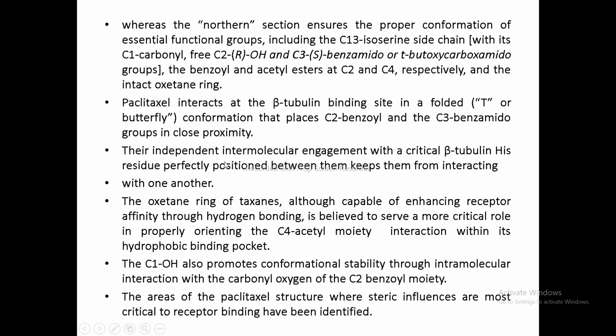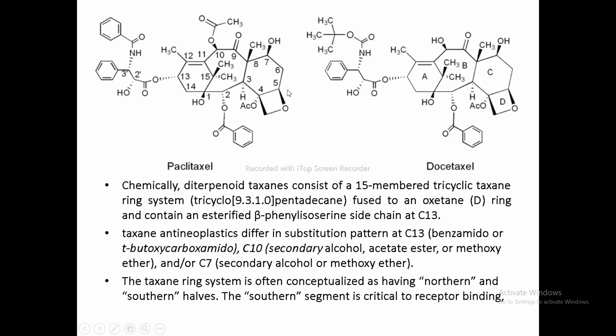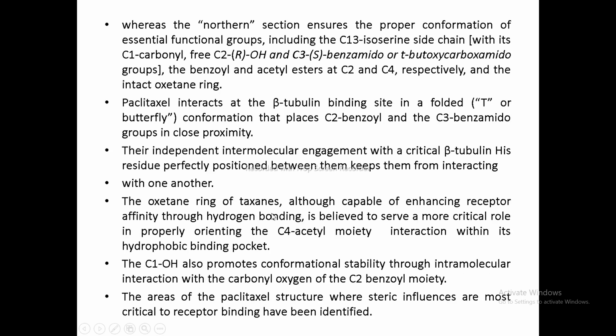Their independent intermolecular engagement with a critical beta tubulin histidine residue perfectly positioned between them keeps them from interacting with one another. Whereas the oxetane ring, the D ring of paclitaxel and docetaxel, although capable of enhancing receptor affinity through hydrogen bonding, is believed to serve a more critical role in properly orienting the C4 acetyl moiety interaction with its hydrophobic binding pocket.